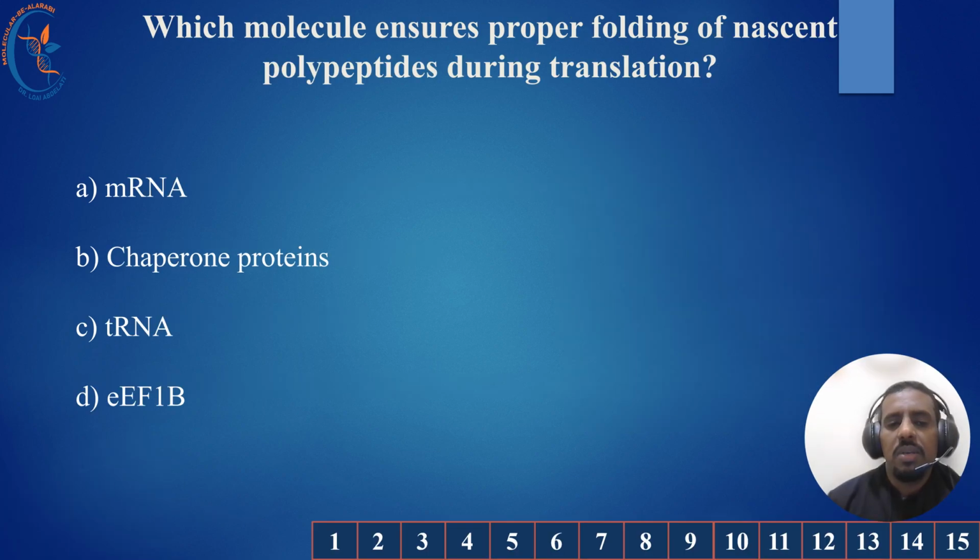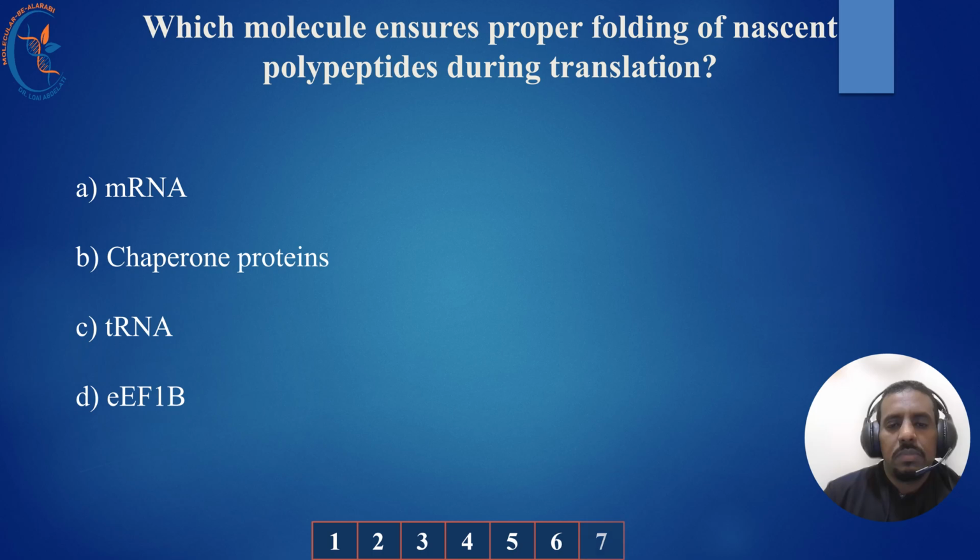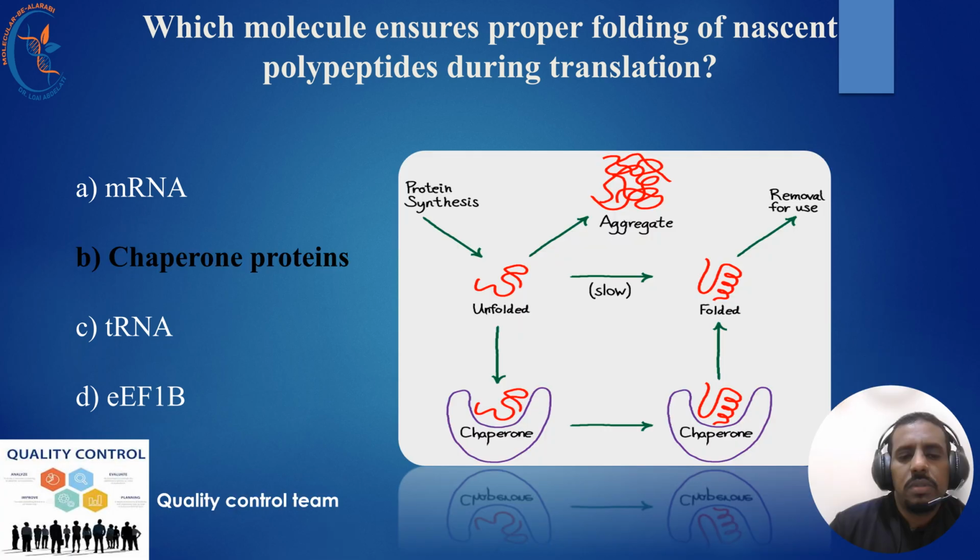Okay, the question says, which molecule ensures proper folding of nascent polypeptides during translation? The correct answer is chaperone proteins. Chaperone proteins are like the cell's quality control team.